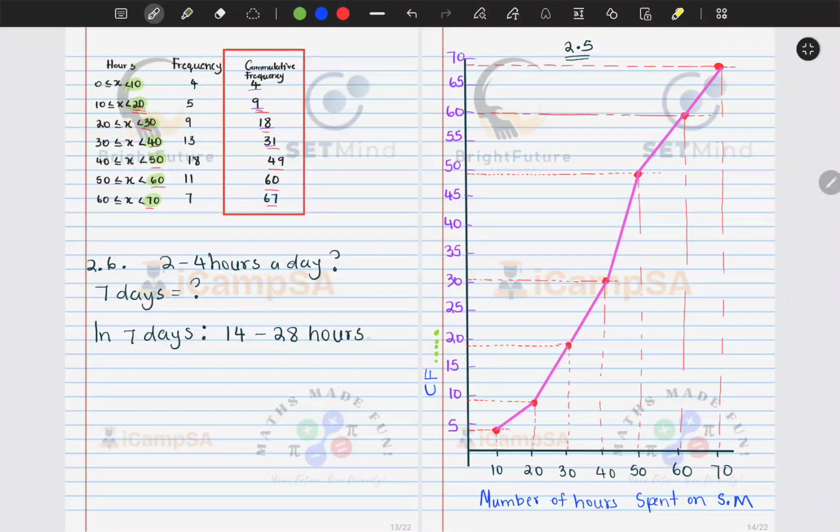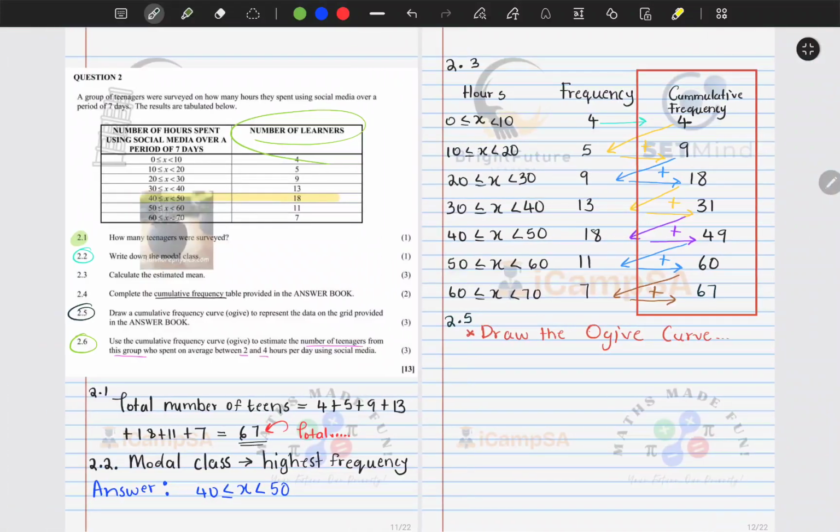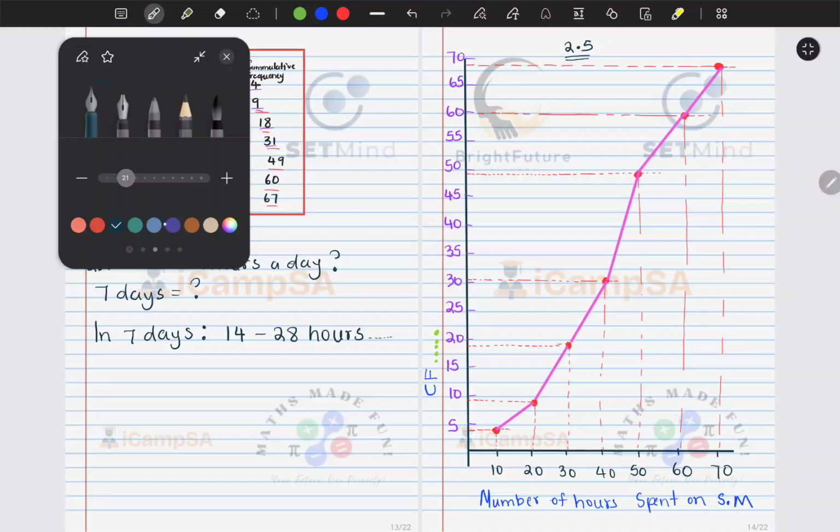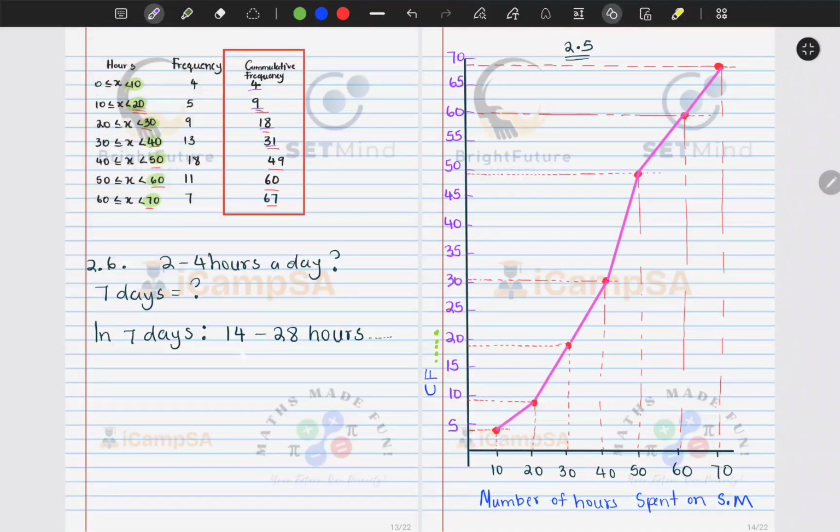Okay, so we want to figure out how many of these learners would spend between 14 and 28 hours in the 7 days. So what I'm going to do is I'm going to try and label here. So I'm going to try and figure out where is 14 hours. Now, if you look carefully, 14 hours would be somewhere in the middle here.